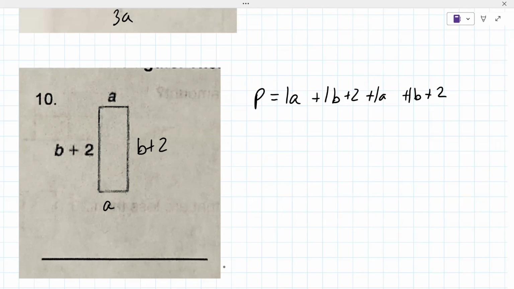So it would be 2a plus 2b plus 4. That's the perimeter. Good.